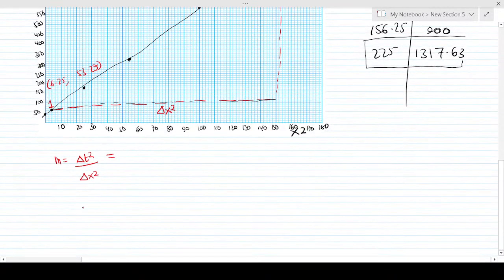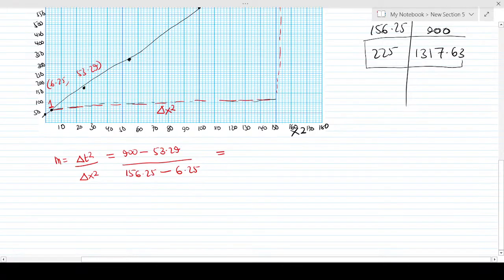So we want to find the gradient. The gradient in terms of t, I will go for 900 minus 53.29 divided by 156.25 minus 6.25, and that will give us the gradient.